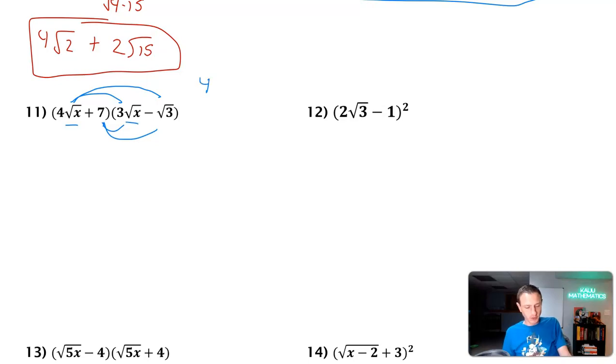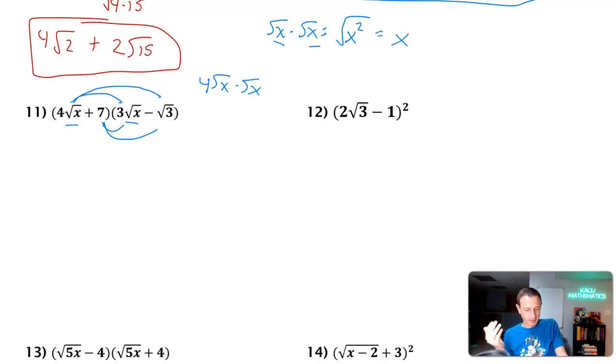So 4 square root of x times the square root of x. Think about this for a second. Let's just think about square root of x times square root of x first. Square root of x times the square root of x is x times x, which is x squared. So I have the square root of x squared, which is just x. Talked about that before. If I have the square root of 2 times the square root of 2, that's just going to be 2.